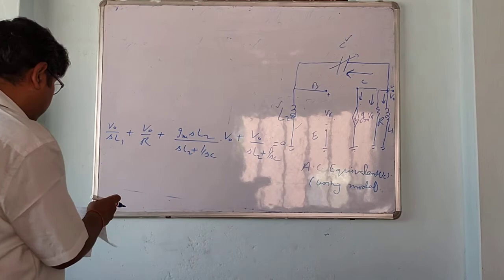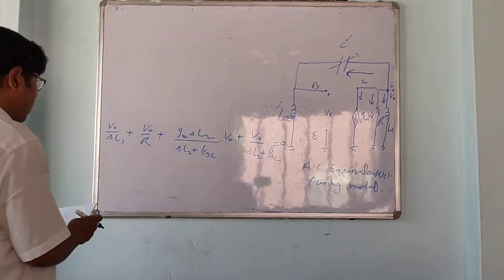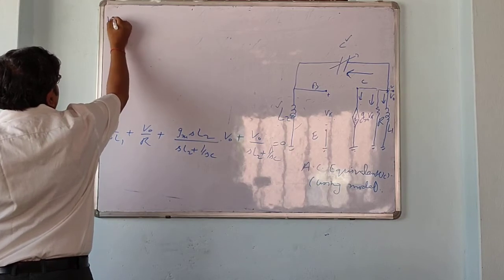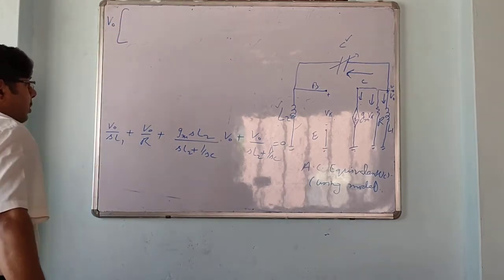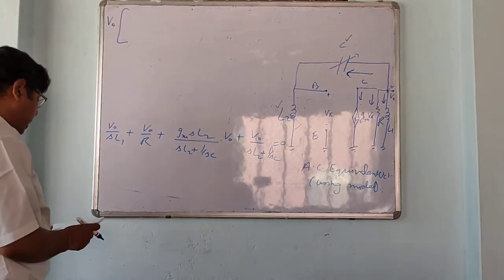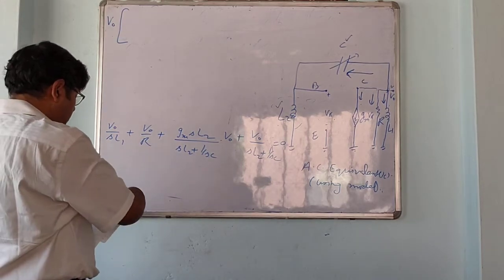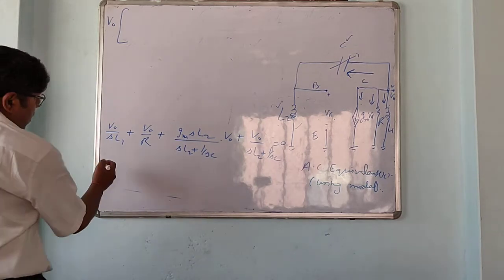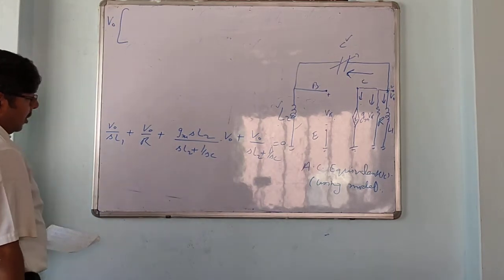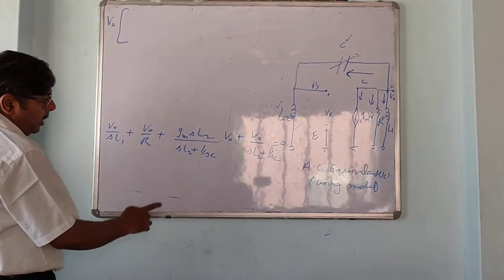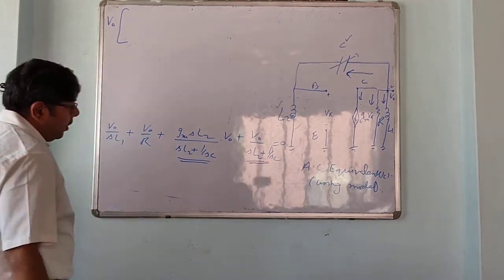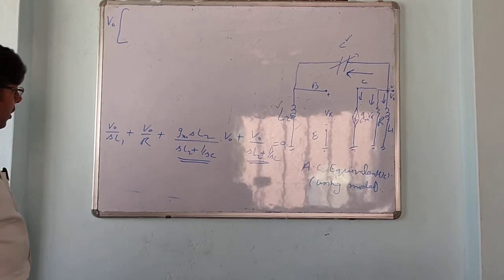Now you can take V naught common because all terms have V naught, and you can collect terms for simplification. You can also take the LCM, because two terms are the same, SL2 plus 1 upon SC.